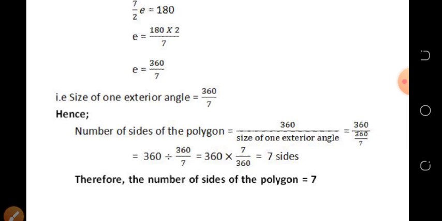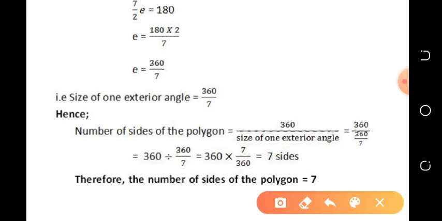Also, if you have the same interior angles all round in a regular polygon, the exterior angles must also be the same. So anytime you hear regular polygon, it means that all the angles, both interior and exterior, must be the same.